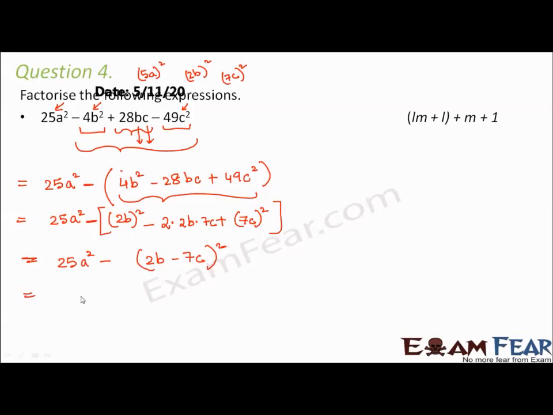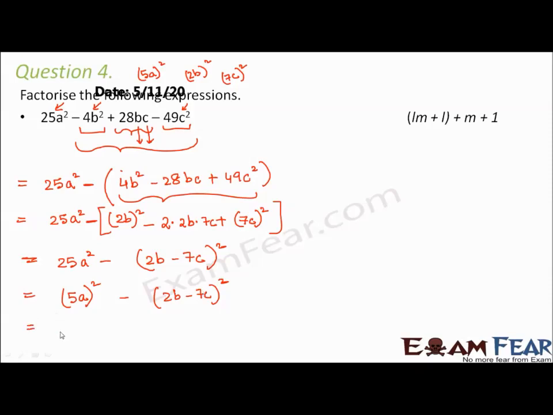Now as I mentioned just now, 25a square can be written as 5a whole square, minus 2b minus 7c whole square. Now does this expression resemble any identity that you have learned so far? Yes, it does. It is in the form of a square minus b square, where 5a represents a and 2b minus 7c together represents b.